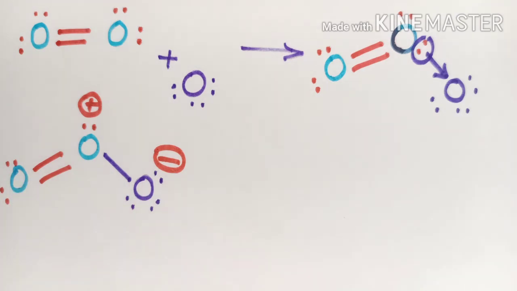These conditions are prevailing in cases where there is instability in the molecule. So if a single Lewis structure is unable to explain the stability of the molecule, we resort to what is called resonance. And what are the conditions for resonance?